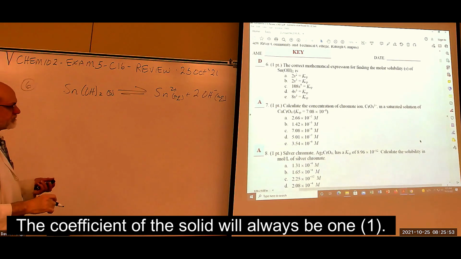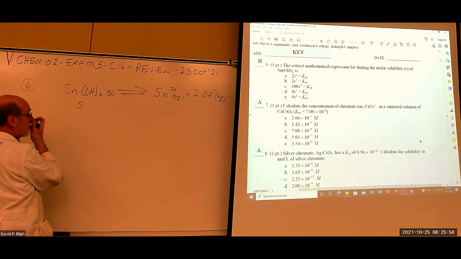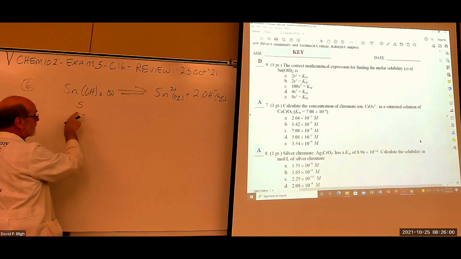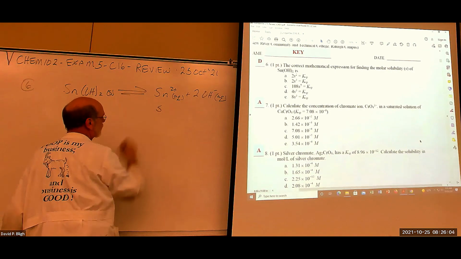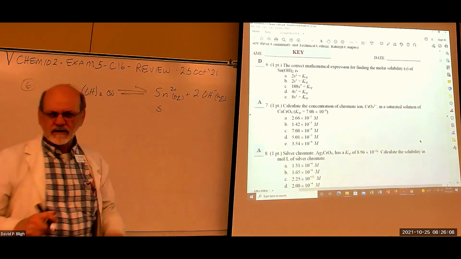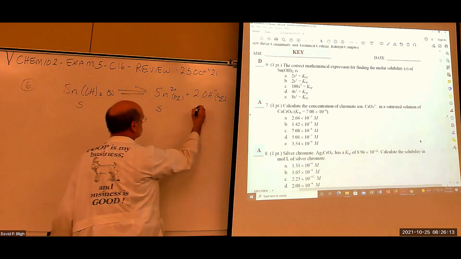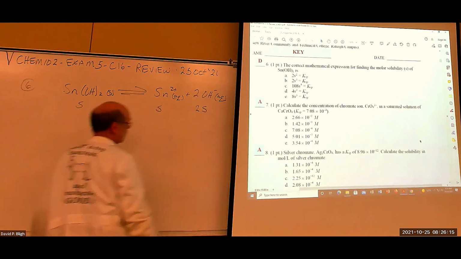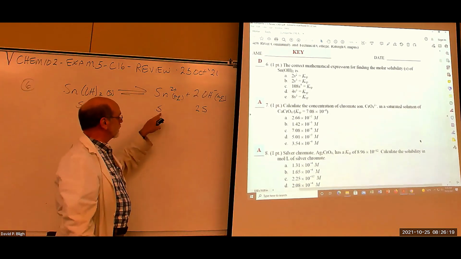The molar solubility would be a value here. So what is it going to make over here? One of these goes into solution, one of those is going to end up over there, and two of these. So if one of those goes into solution, you're going to get two of those and one of those.